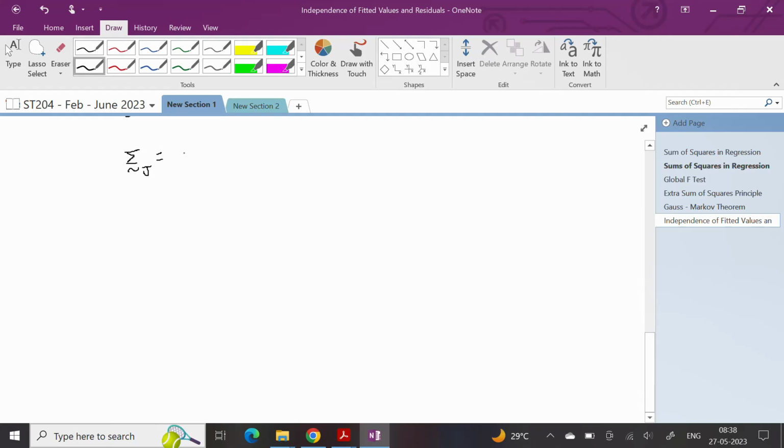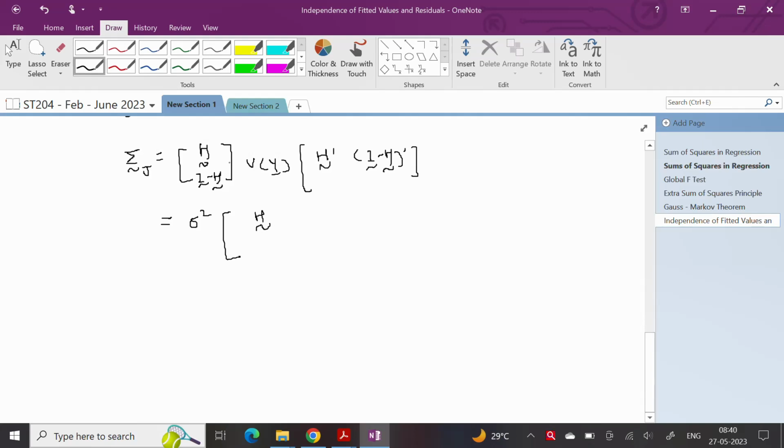So sigma j would be the matrix H, I minus H, into the variance covariance of y, into the transpose of this, that is H prime, (I minus H) prime. The variance covariance matrix of y we know is sigma square I. What we know is H is a symmetric idempotent matrix, so H prime becomes H and the product HH also becomes H. I minus H will also be symmetric and idempotent.